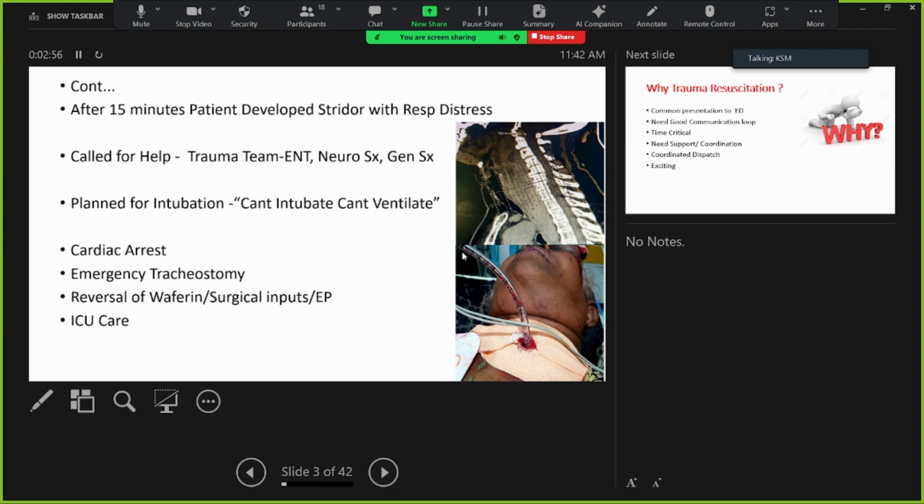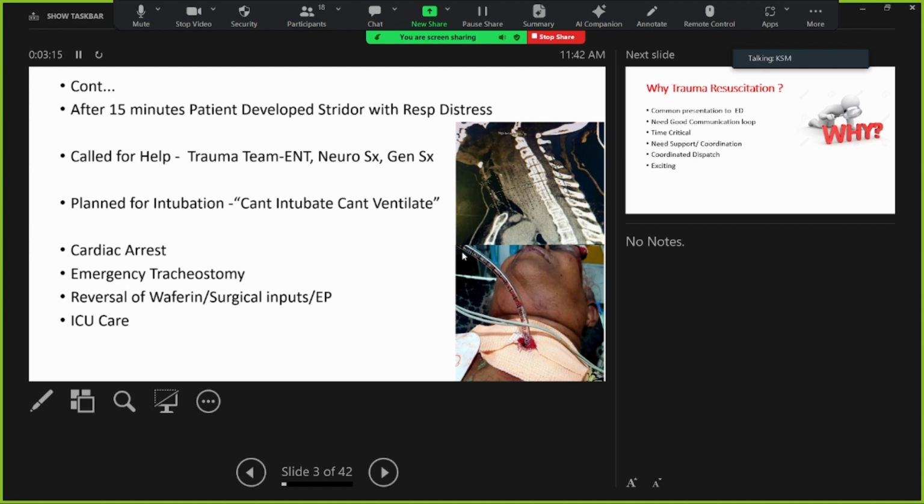So we ended up with a can't intubate, can't ventilate situation where saturation dropped and the patient went into cardiac arrest. As we had called the team, we started CPR, continued our management, and then we had to get front neck access to enter into the trachea.